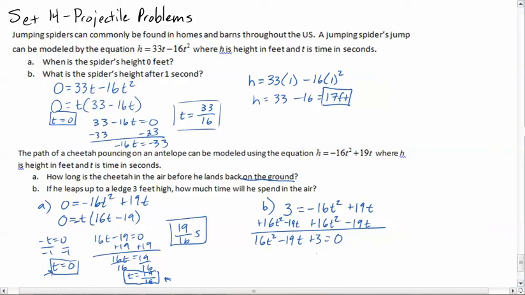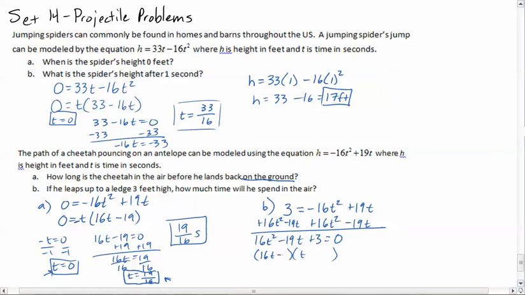So now we need to figure out how to factor it, right? So we'll go for factoring. Let's see if we can try to factor. If we go 16t and t, and then it's a plus, so they've got to be the same sign.